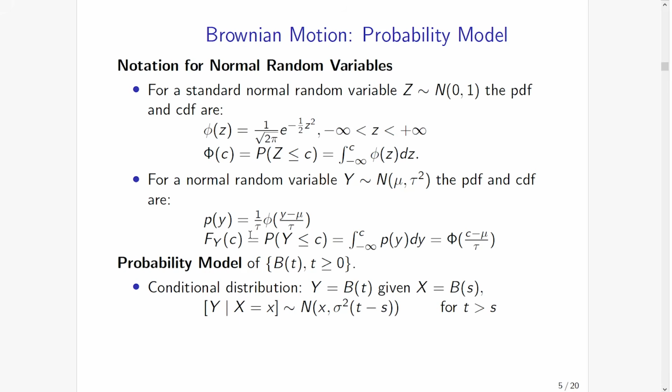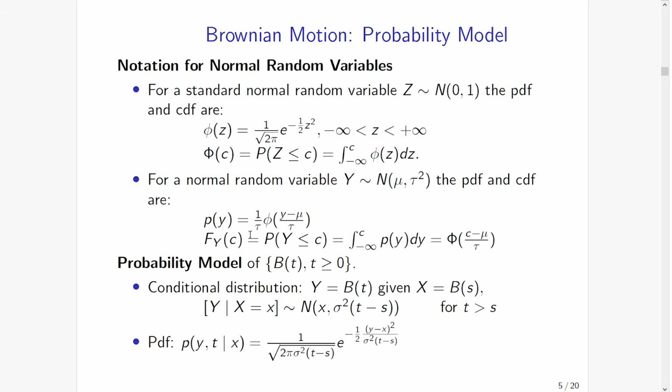Now, the probability model of the whole Brownian motion process can be represented by saying the conditional distribution of the time t value given the time s value is normally distributed with mean equal to the time s value x and variance sigma squared times the length of the increment.